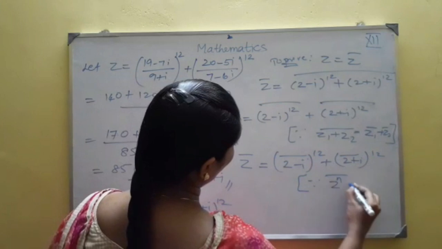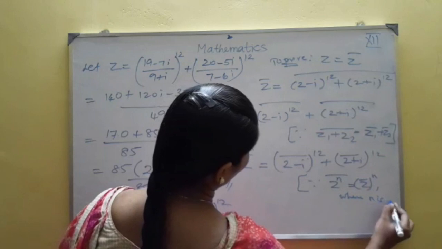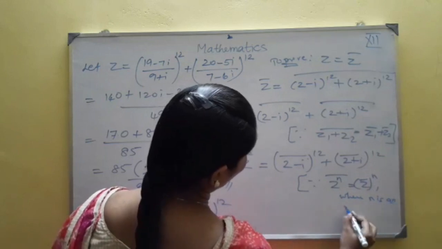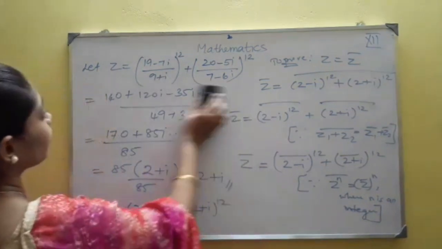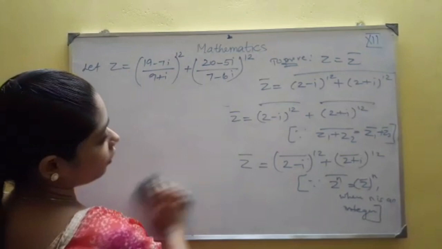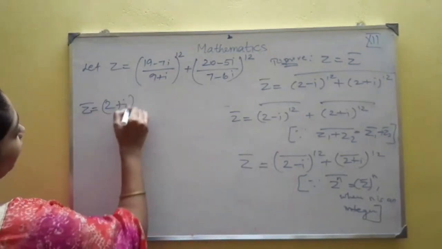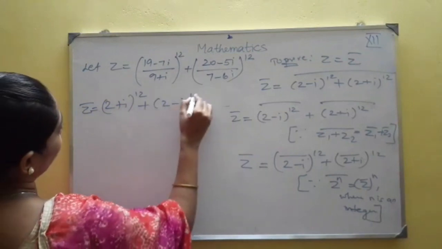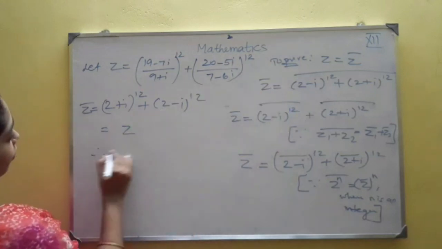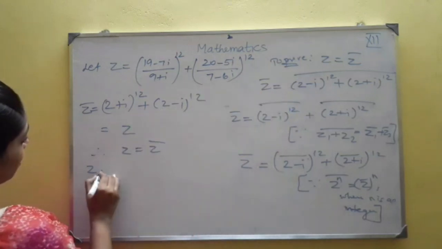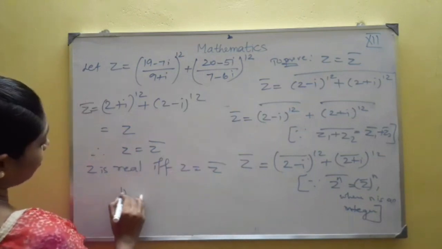Since (z power n) the whole bar equals (z bar) the whole power n, where n is an integer, z bar is (2 plus i) whole power 12 plus (2 minus i) the whole power 12. So this is actually my z. Therefore z is equal to z bar, and z is real if and only if z is equal to z bar. Hence proved.